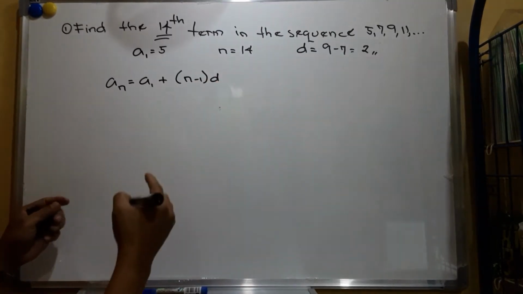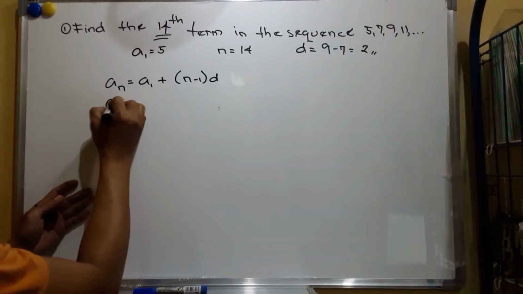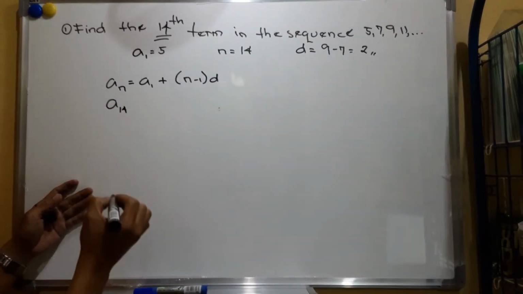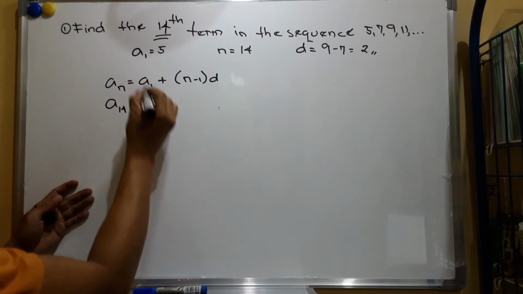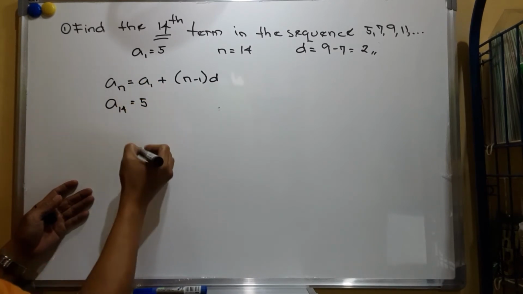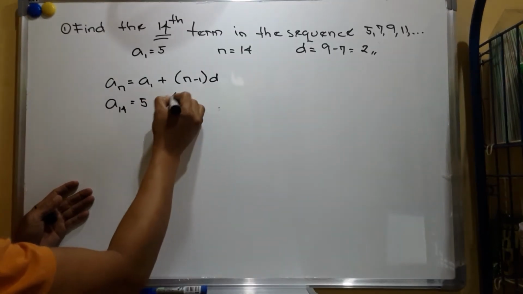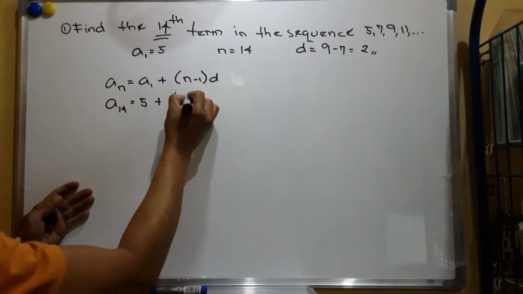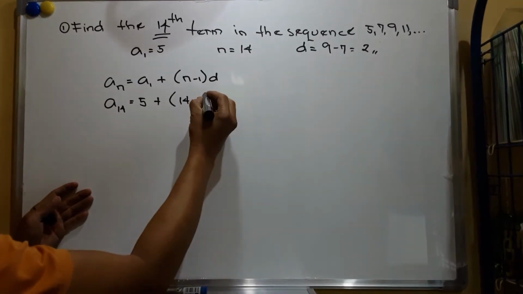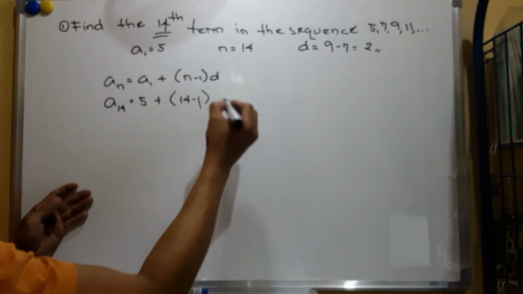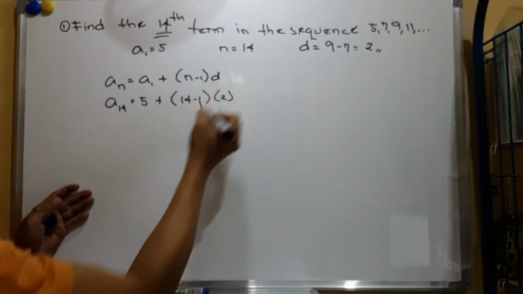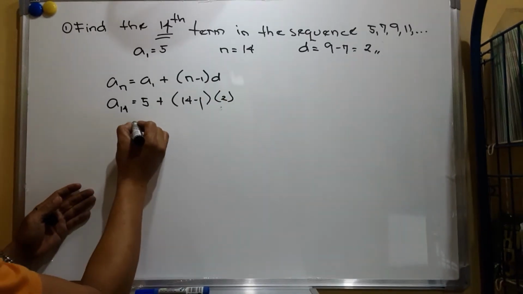So all you have to do is substitute. You are looking for the 14th term, so that is a sub 14. A sub 1 is 5, plus your n here is 14 minus 1, times d, which is 2.